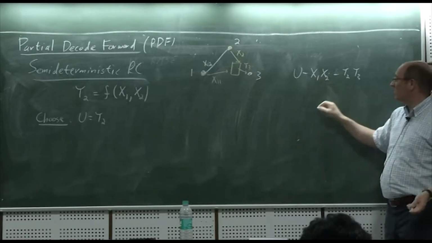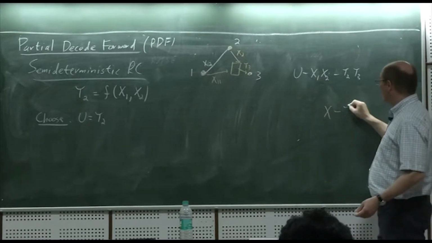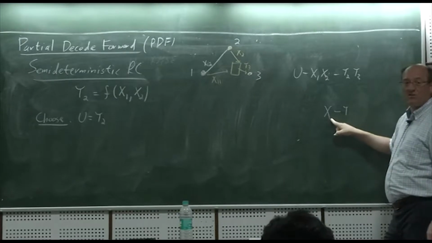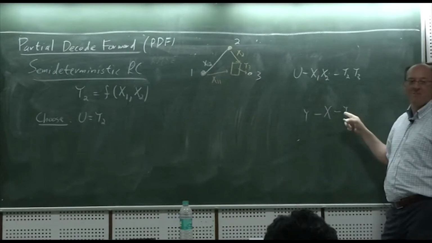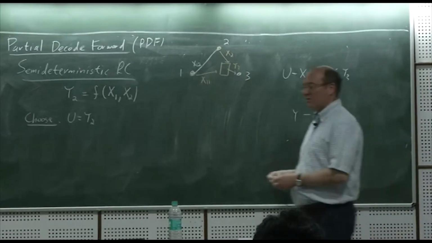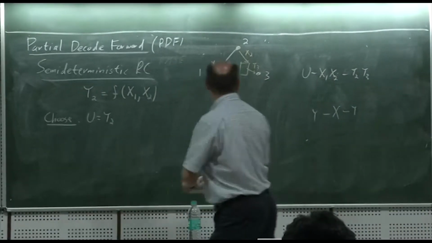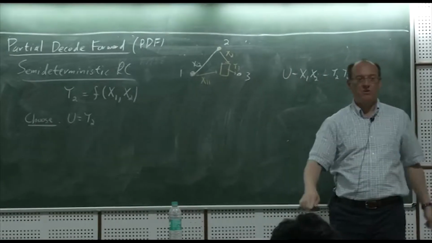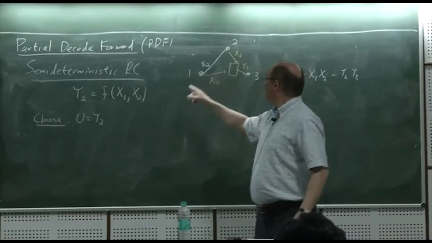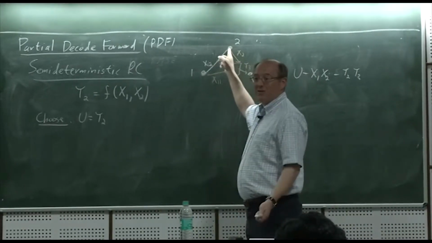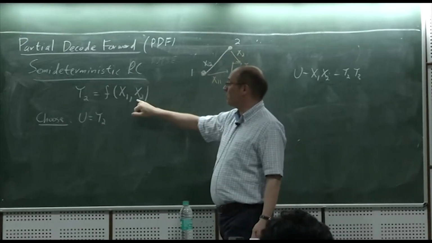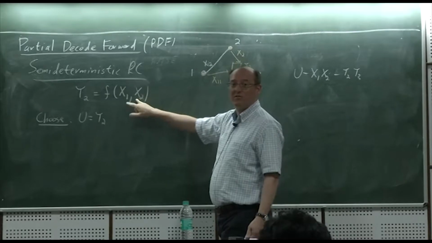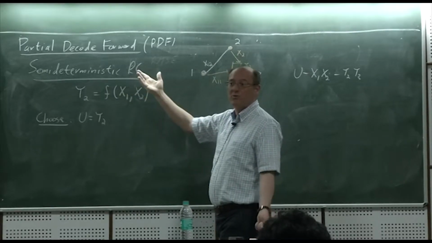Functional relations always have, if Y is a function of X, then this forms a Markov chain, even though it looks like we're breaking it, because of the functional relation. You have statistical independence. So I'm allowed to choose this, which even makes sense, because with partial decode forward, the source is controlling X2, and since it controls X1, it's controlling both.